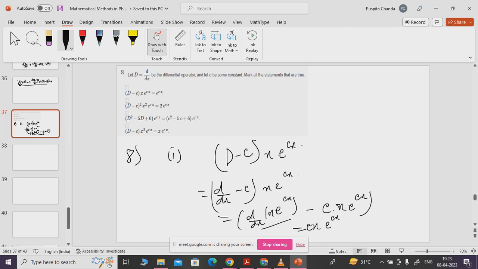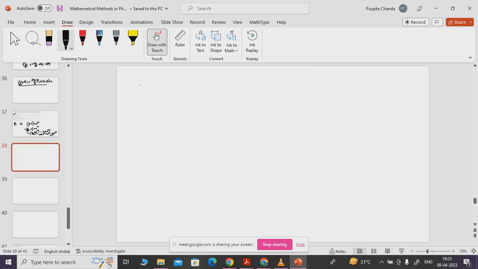So this will be x into c e to the power cx plus e to the power cx minus c into x e to the power cx, which is e to the power cx. So this is true.